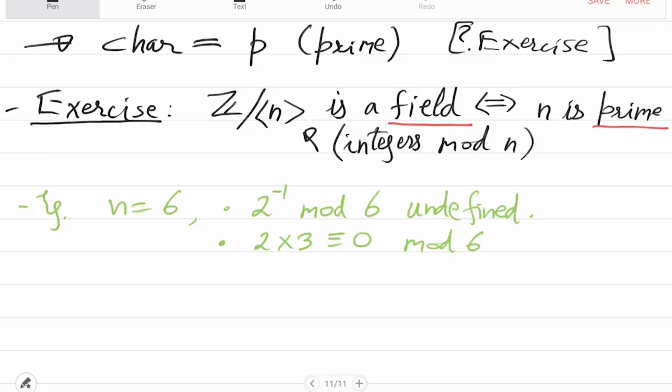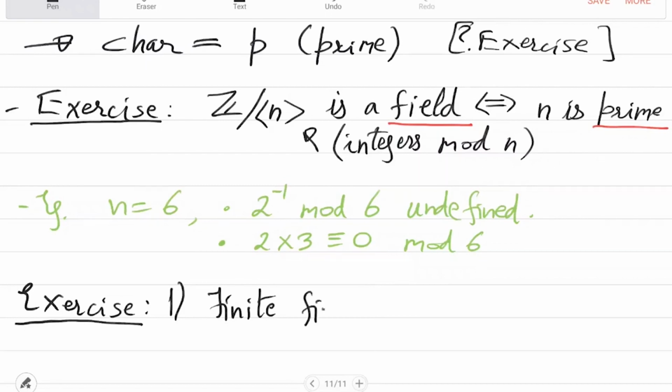So let me here just state it as an exercise. Show that any finite field has size equal to p power.